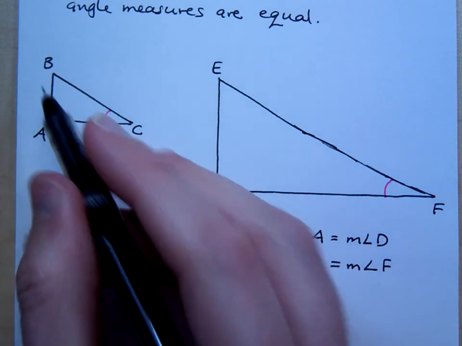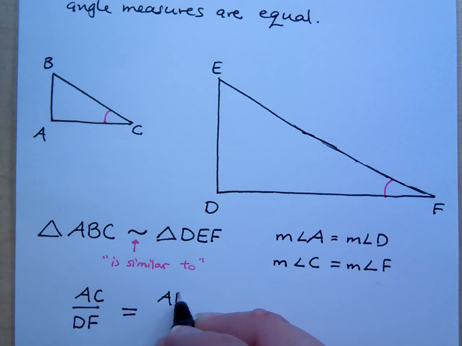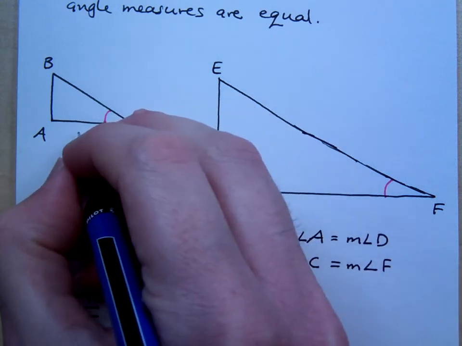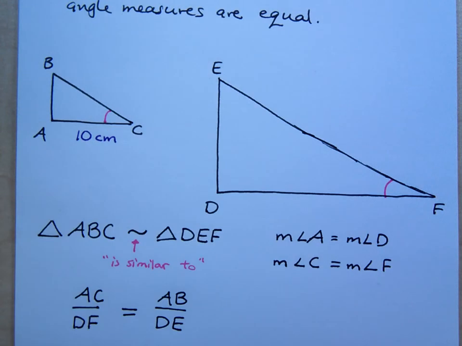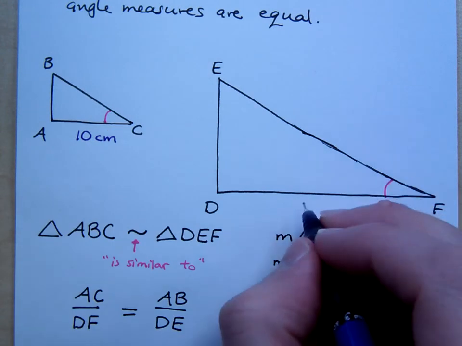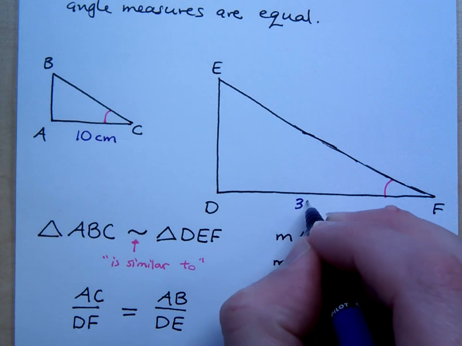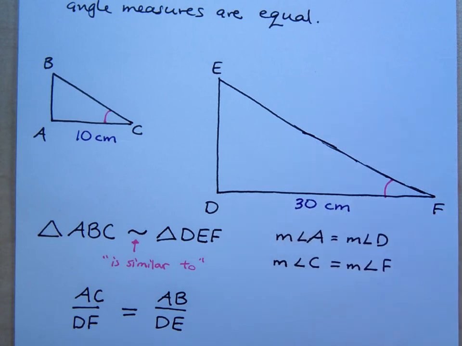So you could say AB to length DE. These guys are going to be proportional. So here's what that means. If in this diagram I tell you that this guy is 10 centimeters and this guy here is 30 centimeters.